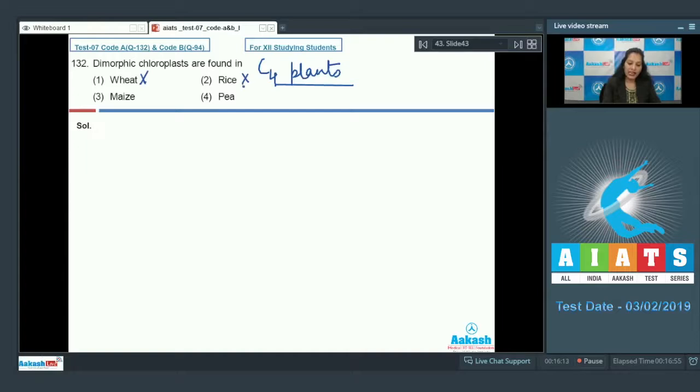Wheat, rice and pea all are C3 plants. Only maize is a C4 plant, in which there are two types of cells, mesophyll cells and the bundle sheath cells in the leaves, where different type of chloroplasts are found respectively. So the correct option for the given question is option number 3. Let's move on to the next question.